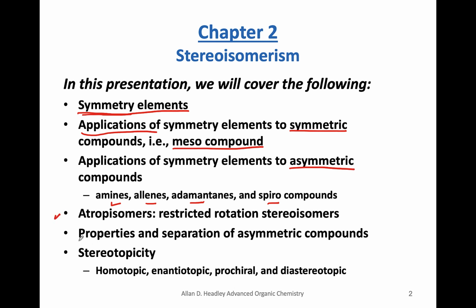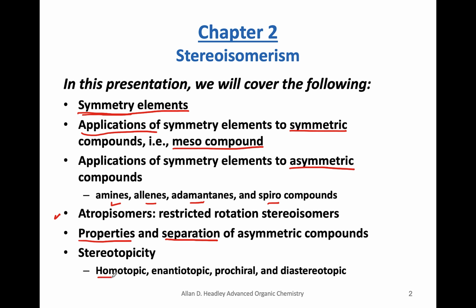Then we'll look at the properties of asymmetric compounds and how we would separate chiral compounds. And lastly, we'll look at stereotopicity, which is basically the analysis of stereoisomers. And we'll look at some terms here.